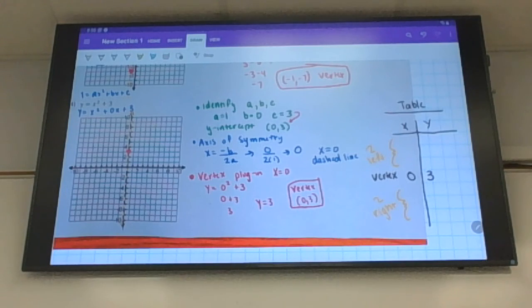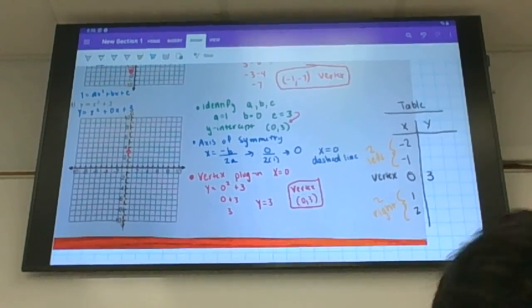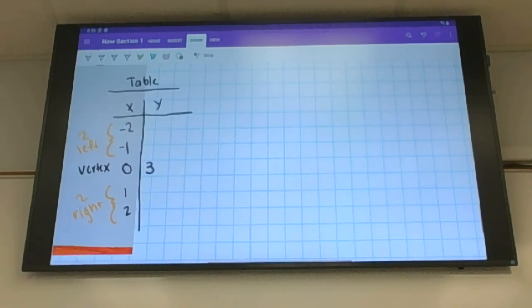2 left and 2 right. So we got -2, -1, +1, +2. You're plugging these in for x, just like we plugged in the 0, into the equation. So our equation is x squared plus 3.